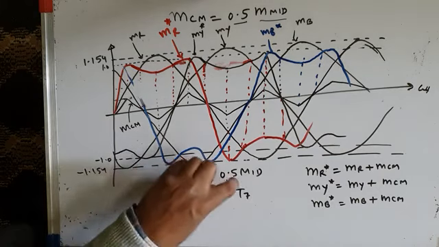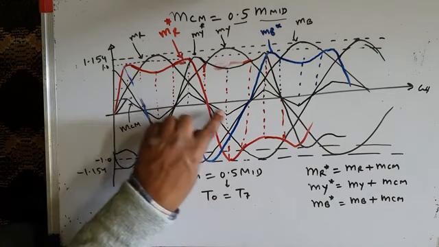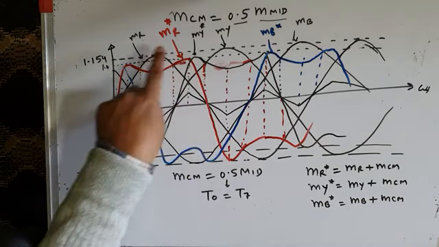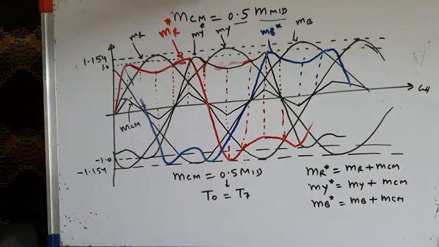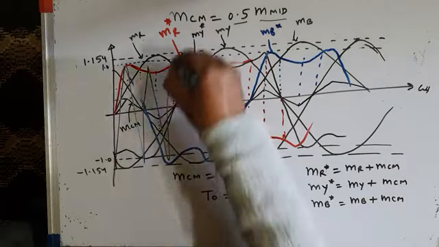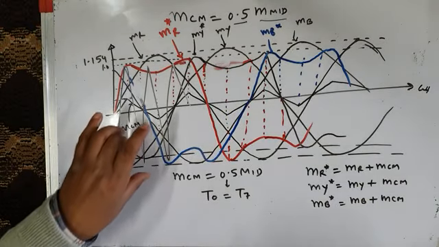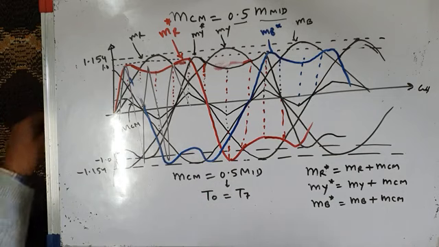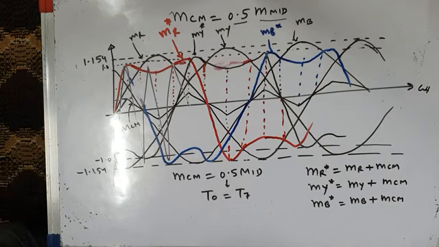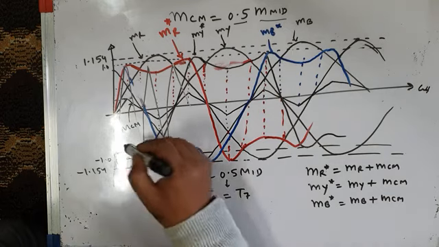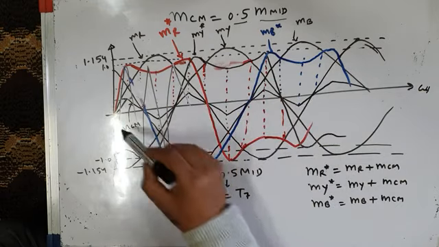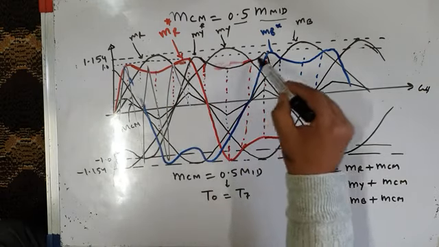It will give modified modulating waves, and when these modified modulating waves MR star, MY star, MB star are compared with a common high frequency triangular carrier wave, we get gating pulses for inverter switches, and the inverter produces three-phase output voltages, line-to-line voltages and phase-to-neutral voltages, whose instantaneous average value will be sinusoidal, because although your pole voltages are a scaled version of your modified modulating waves, your pole voltages will look exactly the same as MR star, MY star, MB star.